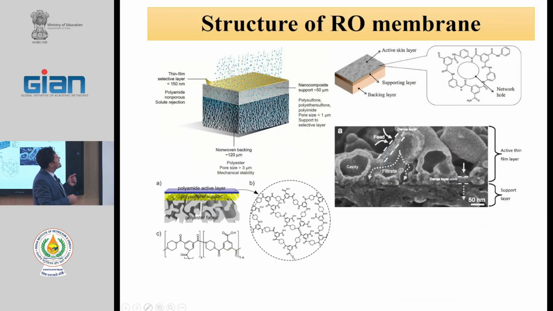But a thin layer does not have good stability and can easily tear, so we prepare this layer on a support for increasing stability and durability. The main layer is the active, selective layer, and these two other layers support it and increase the membrane stability.